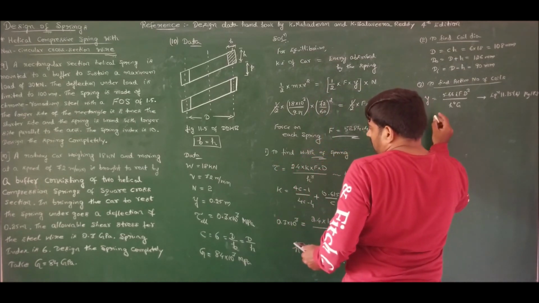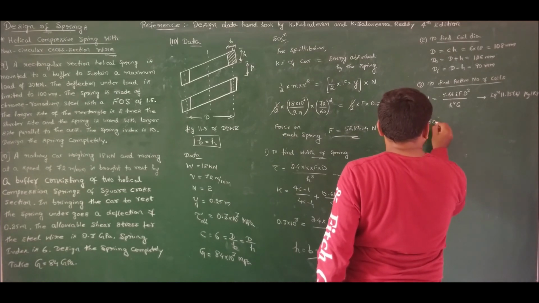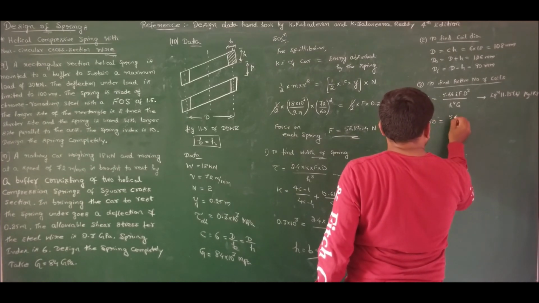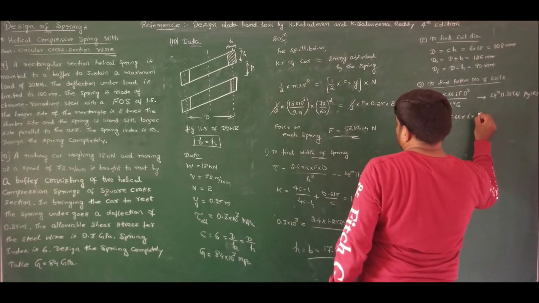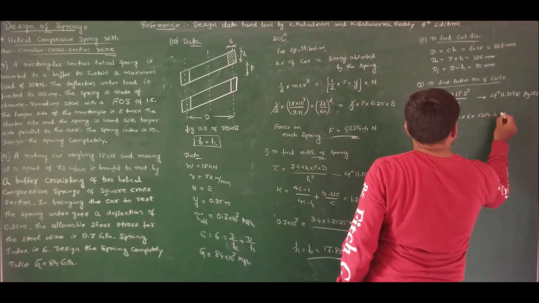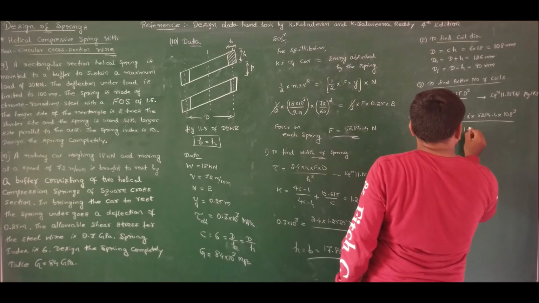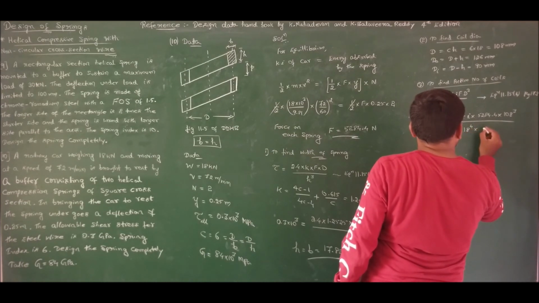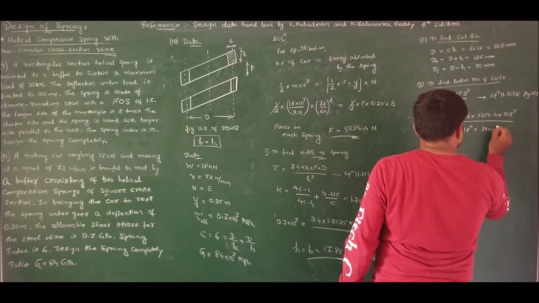So we know all the values. So y in mm will be 250 mm, 5.66 into I into F is 5284.4, D is 108 divided by H is 18 to the power of 4, G is given 84 into 10 to the power of 3.